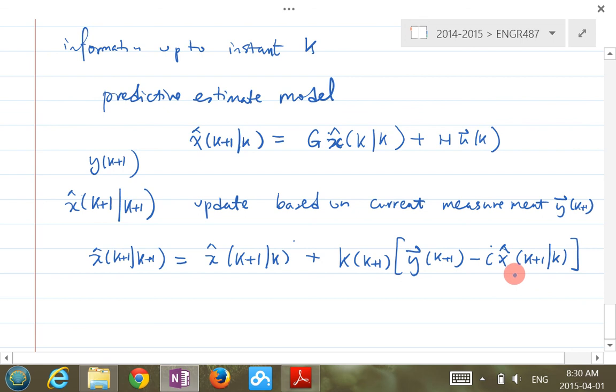That's your update model. So this is the predictive model, and this is the update model.